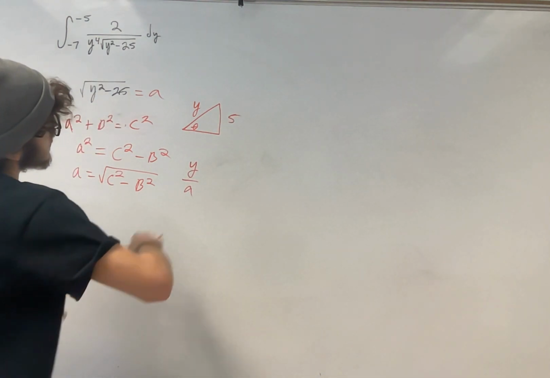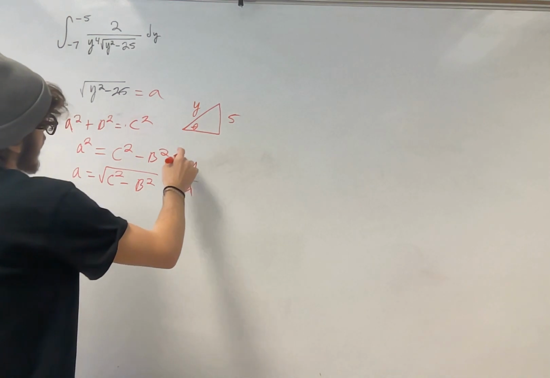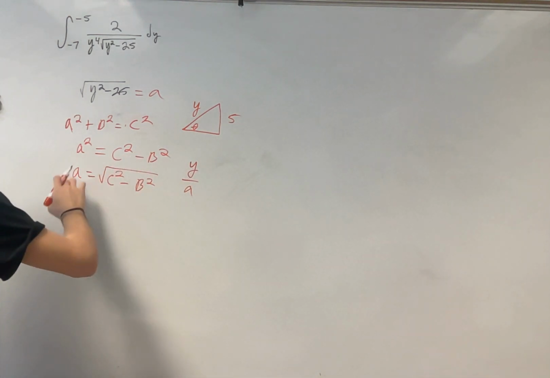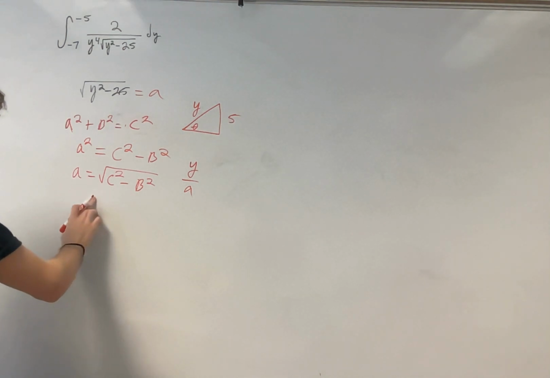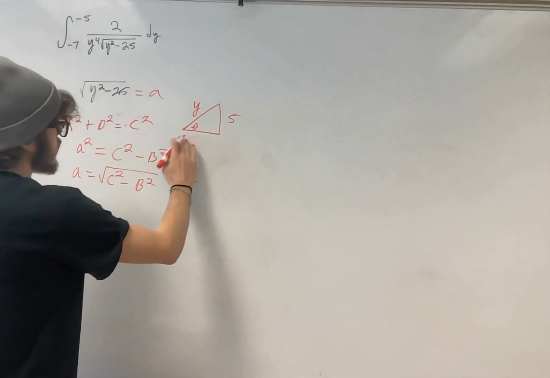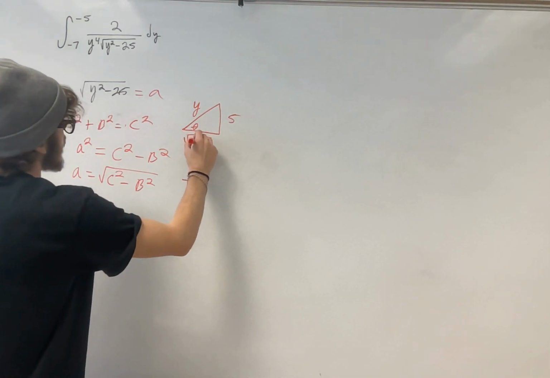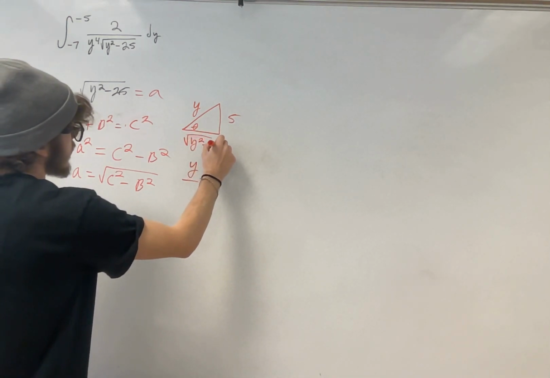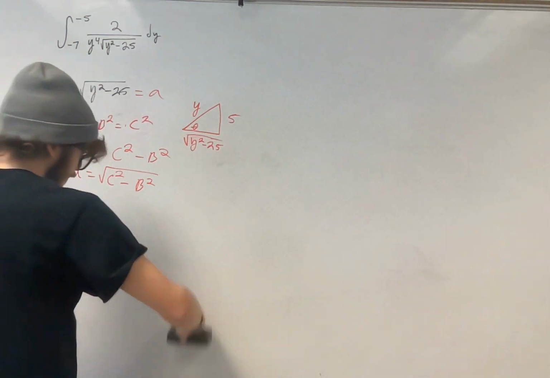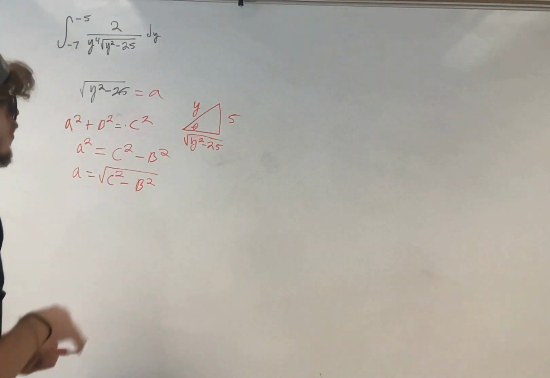And now to solve for the a term here, which is just one of the legs, this would be a. So a is equal to the square root of y squared minus 25. I want you to notice here that I have it in the wrong proportions.